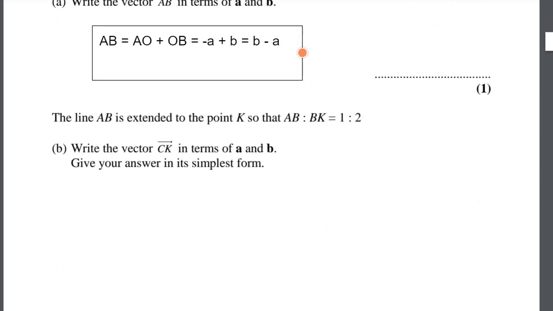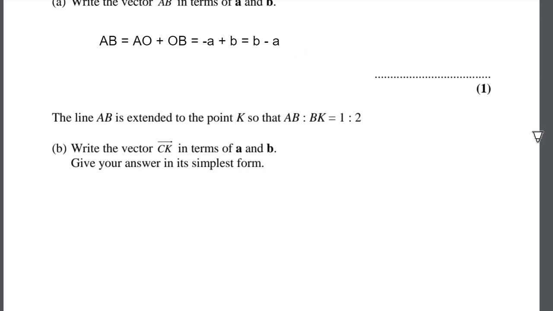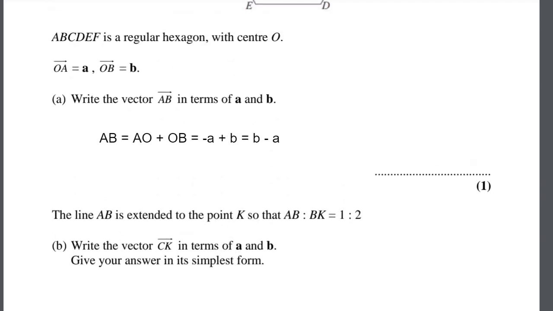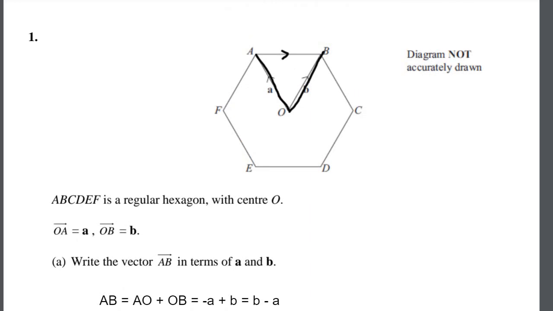Next, we have the line AB is extended to the point K, so that AB to BK is 1 to 2. So let's see what's happening here. Let me just erase that.